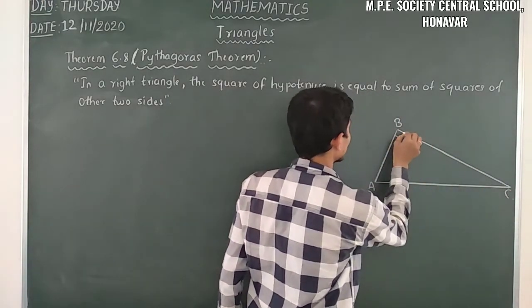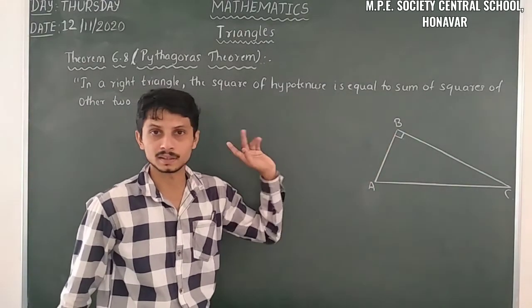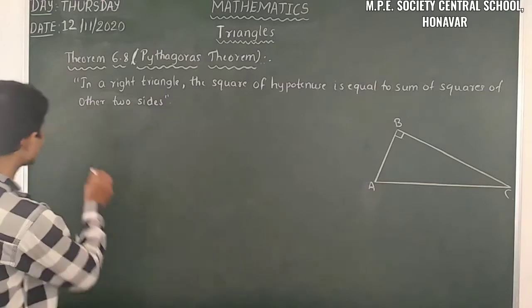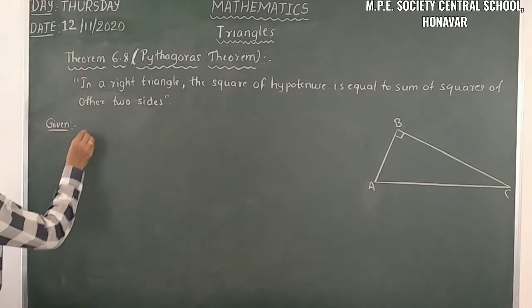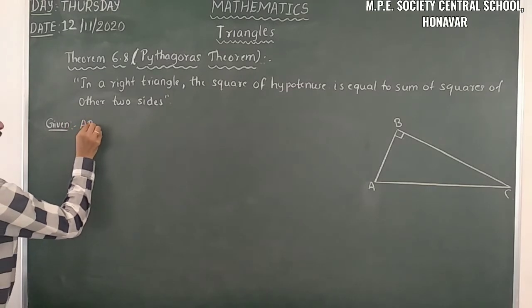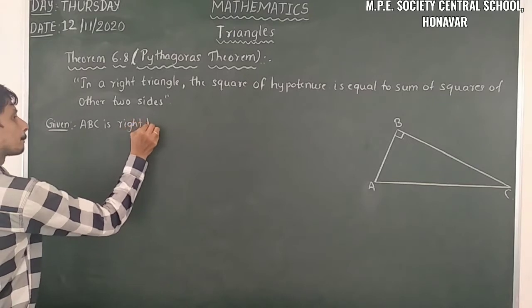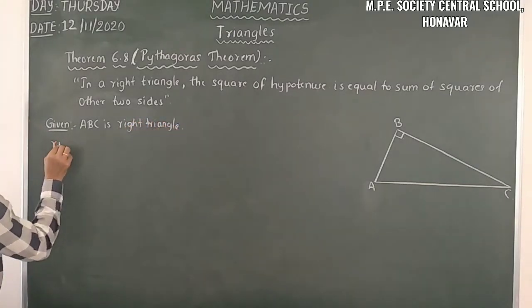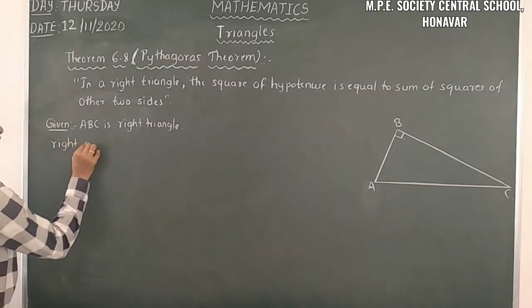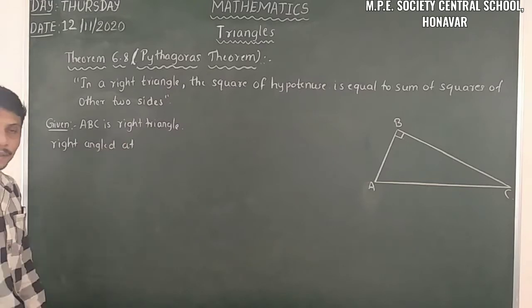So here it is right angle at B. Here I have taken the right angle at B. So given, what are the given terms here? Firstly, we have to write the given things. Given, that is ABC is a right triangle, right angled at B.